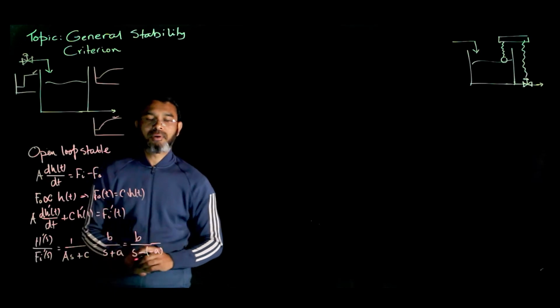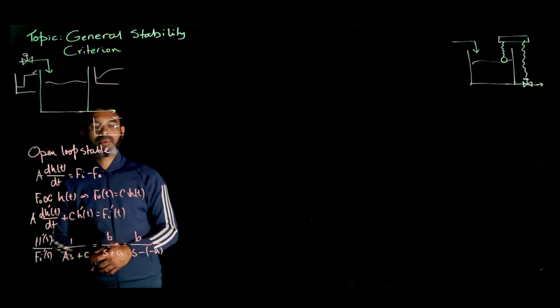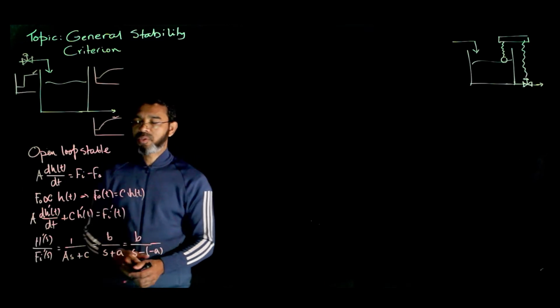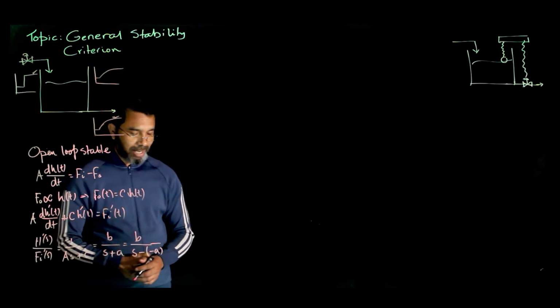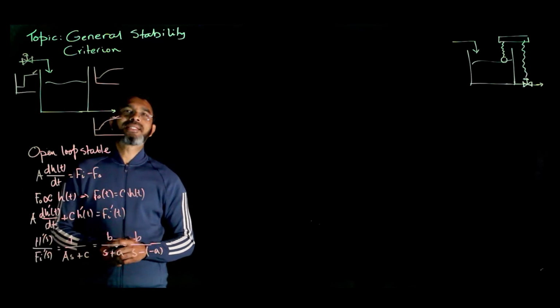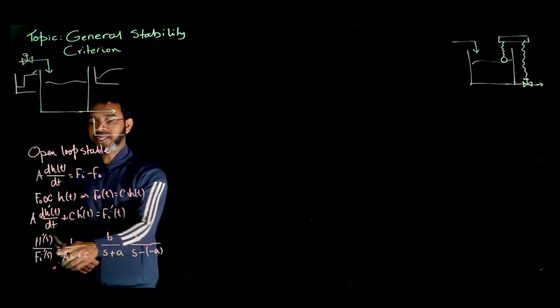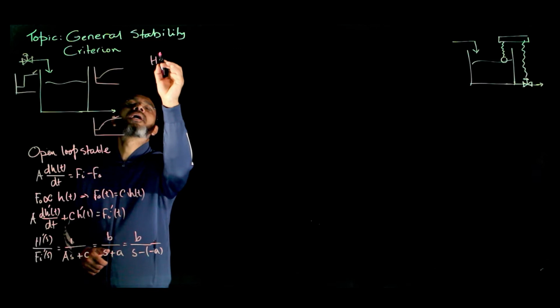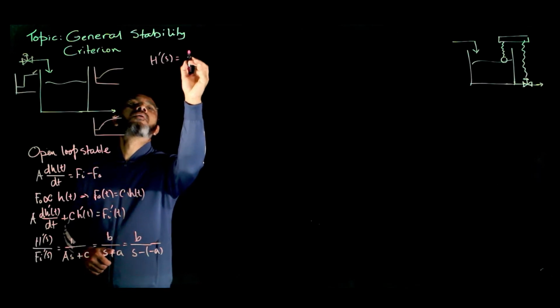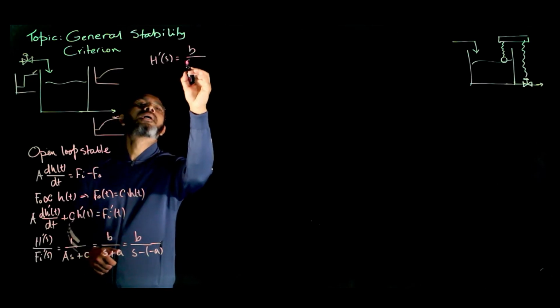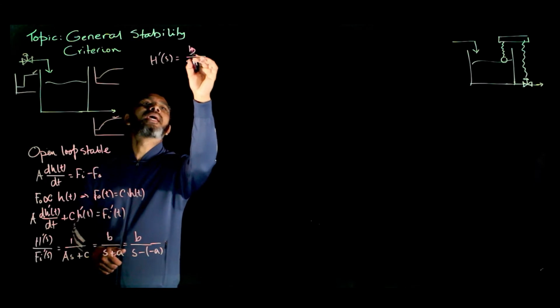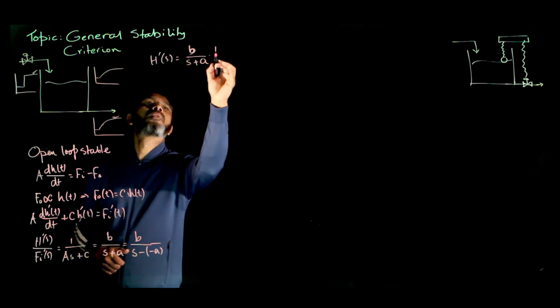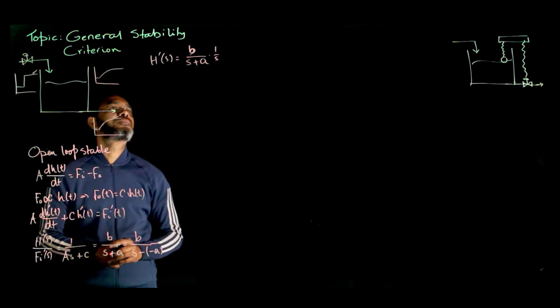We'll see why this form is important for this case. Okay. Now if we look at this transfer function and try to find out the response of this level due to a step change in Fi, we'll have H prime S equals B over S plus a times 1 over S. Okay.